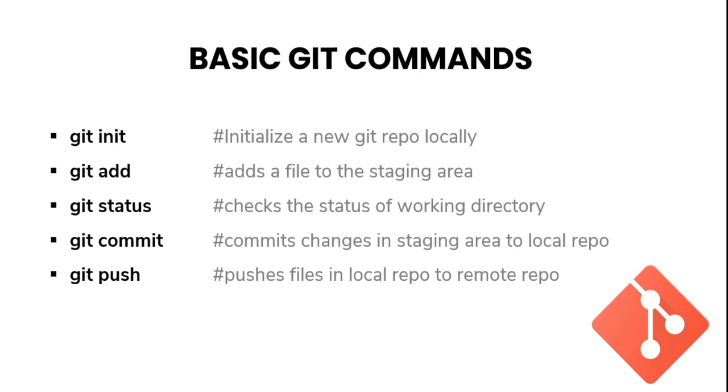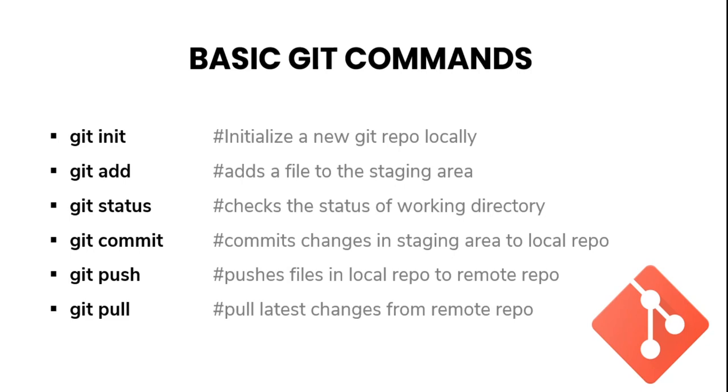We have git push next. Now, we use this to push files in a local repository to a remote repository like GitHub. And then we have git pull. We use git pull to pull the latest changes from a remote repository down to our local repository.